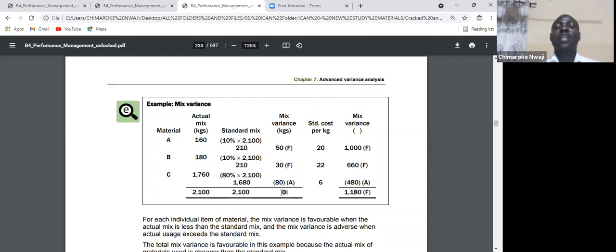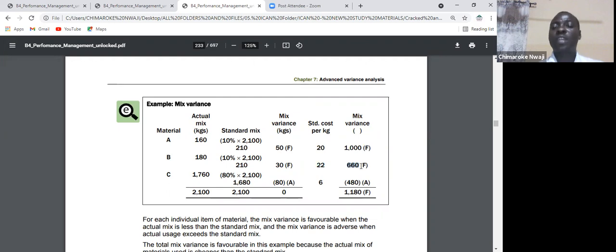All right, so now you've gotten the mix variance as 0. What is now the standard cost? We were told that 1 kilogram of material A is 20 naira. And so you multiply by 50, that is the variance, you have a mix variance of 1,000 naira favorable. Here you have 30 kilogram favorable variance, multiplied by 22 naira.